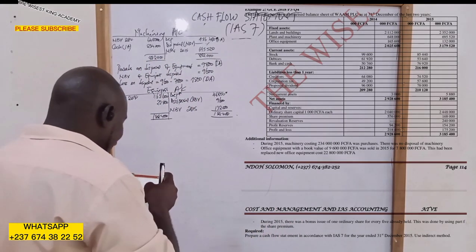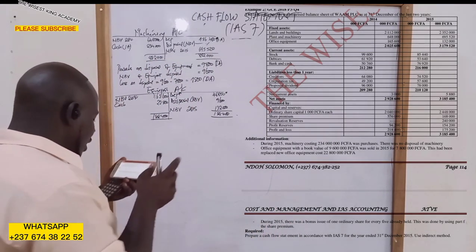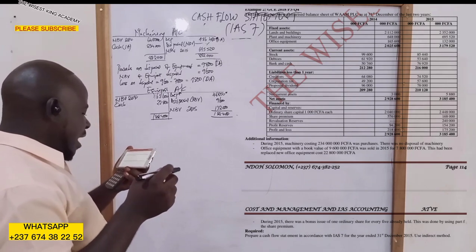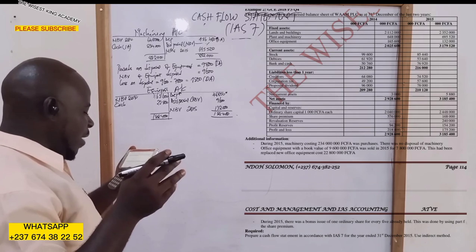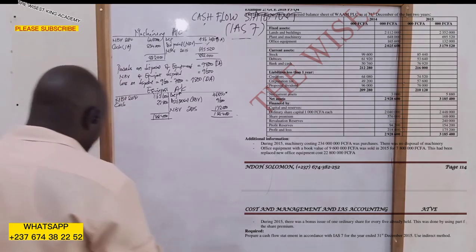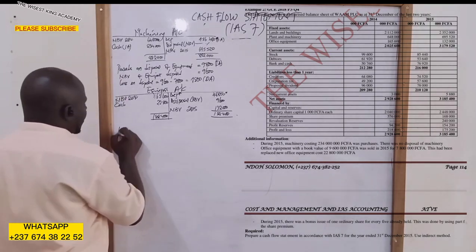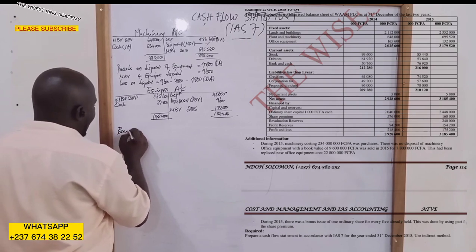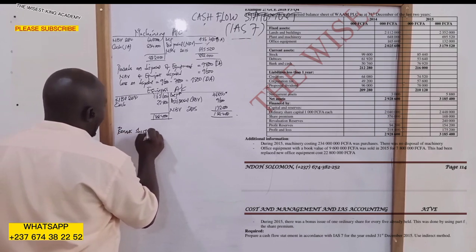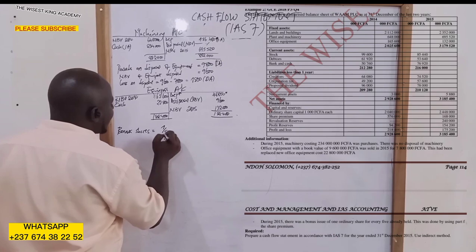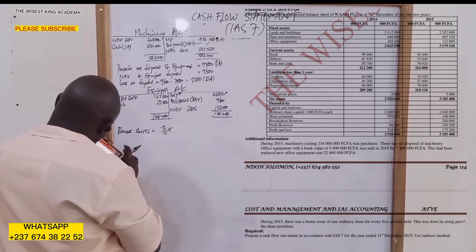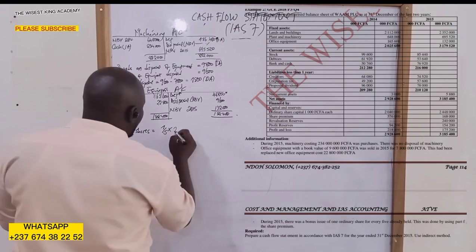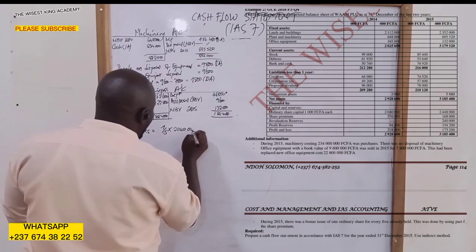Okay. Now the last additional information here is that during 2015, there was a bonus issue of one ordinary share for every 5 already held. So it means that the number of bonus shares will be equal to 1/5 times the number of old shares, which is 2,040,000.